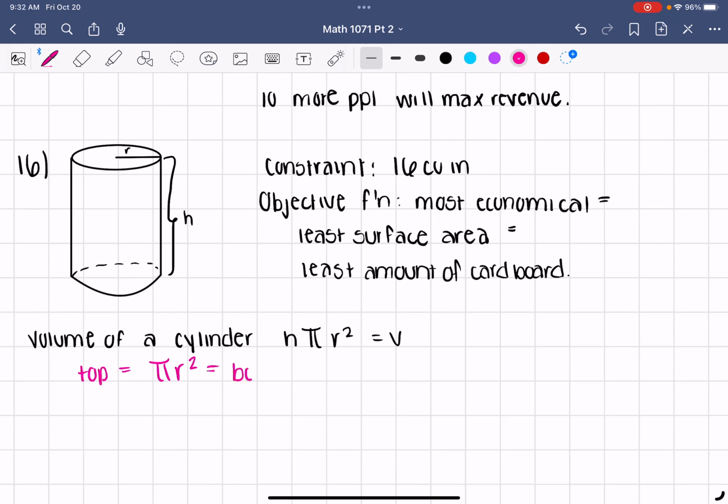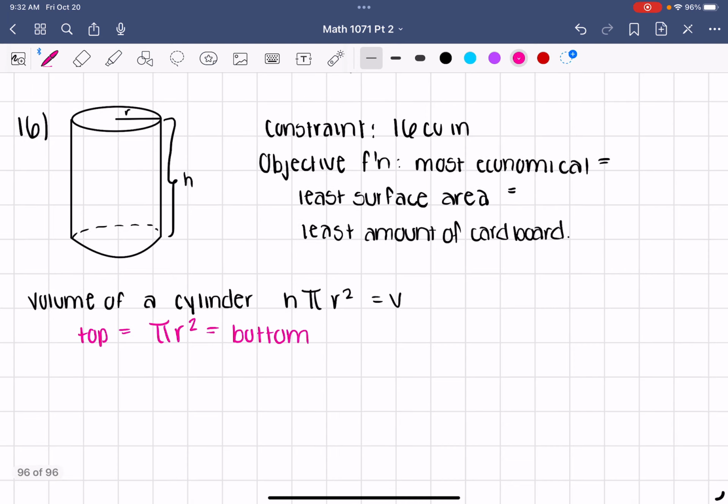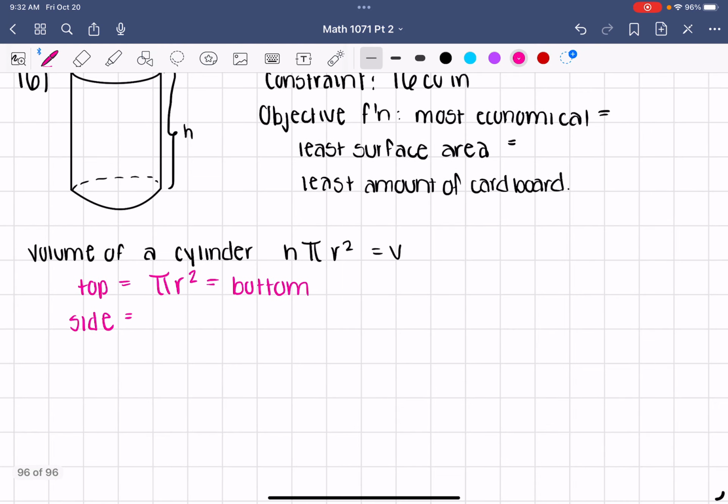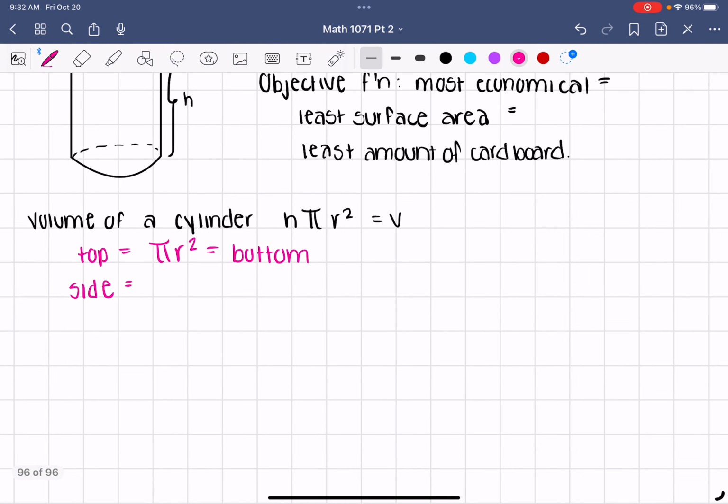That's the circumference of the circle, which is 2 pi r. Again, I would give you that. So the side is a rectangle, length times height. The side is 2 pi r h.